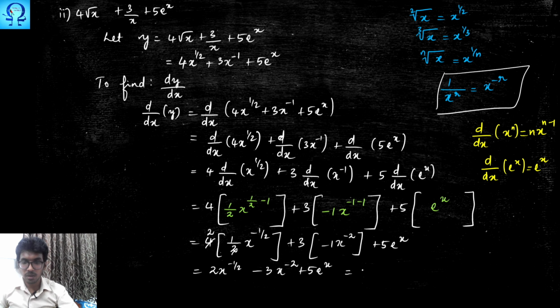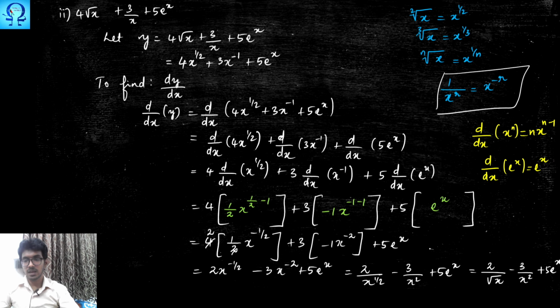So this may be written as 2 upon x power 1 by 2 minus 3 upon x square plus 5 e power x. As we converted this root x to x power 1 by 2, we can rewrite here as well. So we will have 2 upon under root x minus 3 upon x square plus 5 e power x. And this completes this problem.